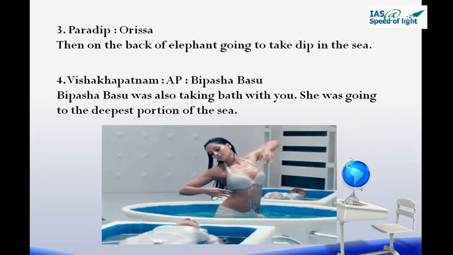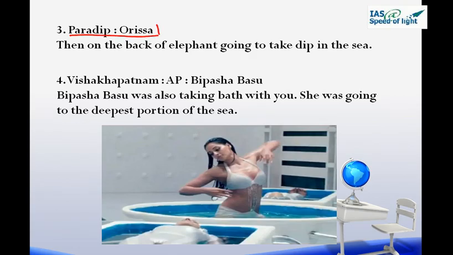Now, after taking a bath, your elephant is ready and you are riding on top of the elephant on the sea beach. Okay, and now what you will do with that elephant is take a dip in the sea. You are going to take a bath in the sea. You are going to take a dip in the sea. So from dip, we get Paradip.